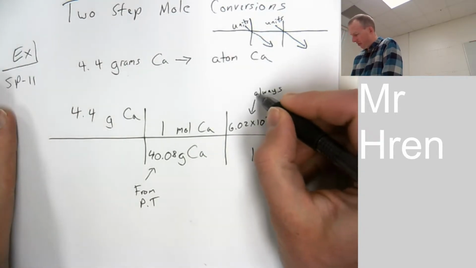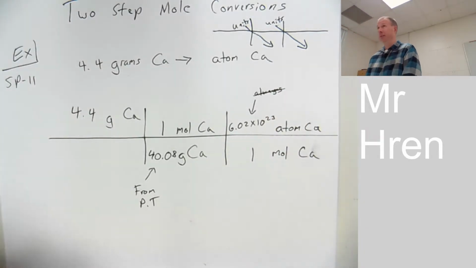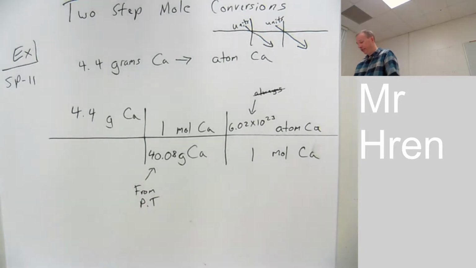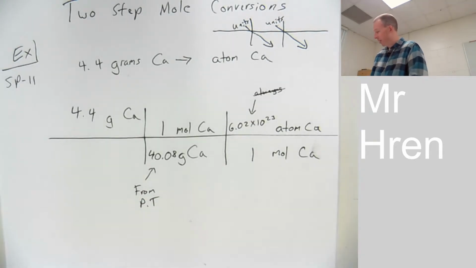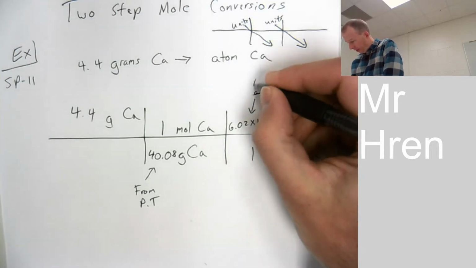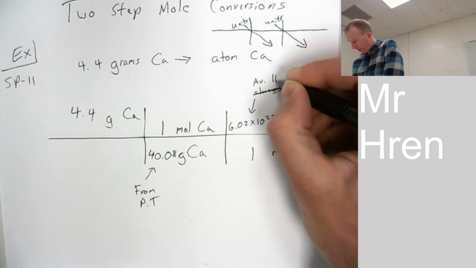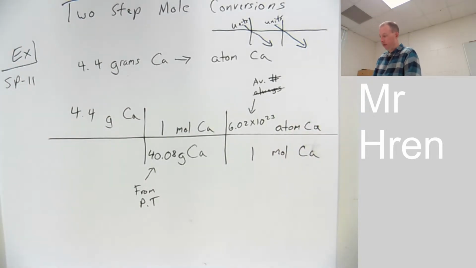Actually, I don't want to write all this because I don't want you to think that that's always what you're putting there. It's not. It just depends. This is just Avogadro's number. So, to continue, here, instead we'll just write Avogadro's number.